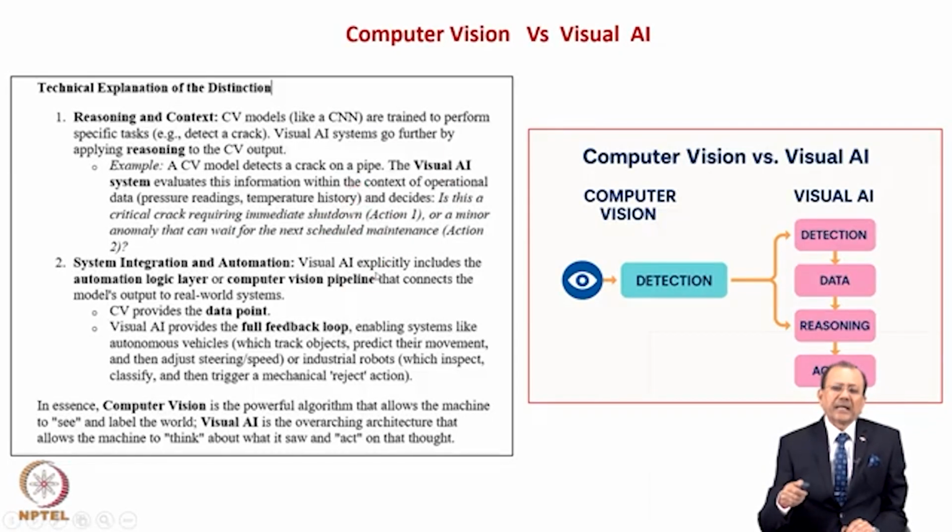Like when a fire happens, it will decide that it has to press the fire alarm, and generate an alert so that all concerned people are alerted. But computer vision systems may not perform all these actions. A computer vision system may generate some alert, but not to the extent that it informs all concerned people. That is the difference between visual AI and computer vision systems.